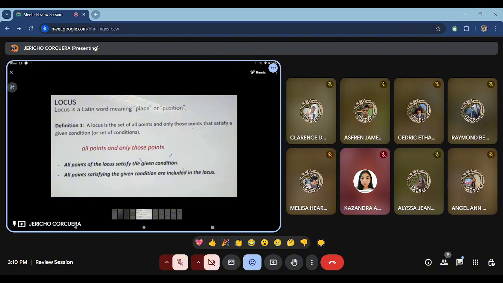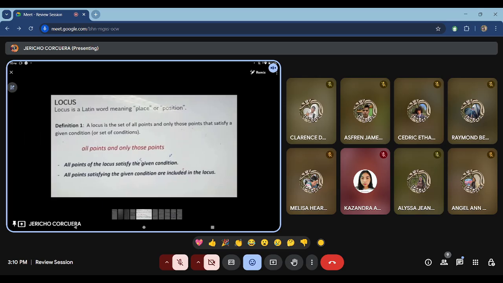Meaning that if it satisfies the given condition, then it is included in the locus.